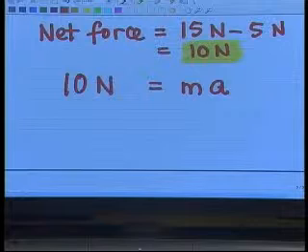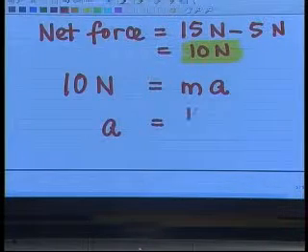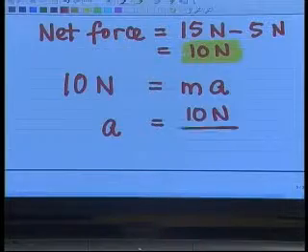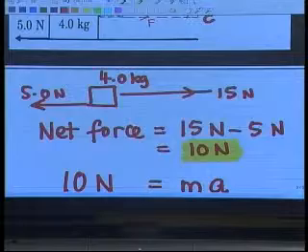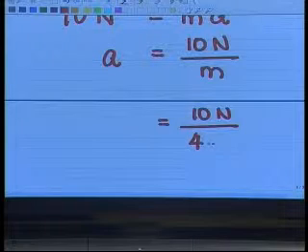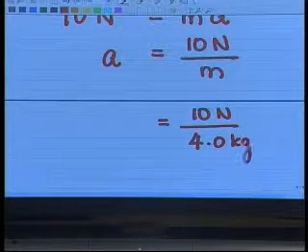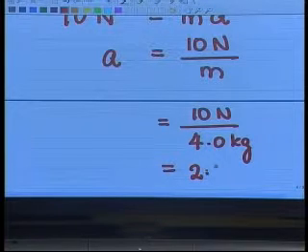I want to calculate the value of acceleration. a equals 10 Newtons divided by m. Look at the question: m is 4 kilograms. 10 Newtons divided by 4 kilograms gives me 2.5.